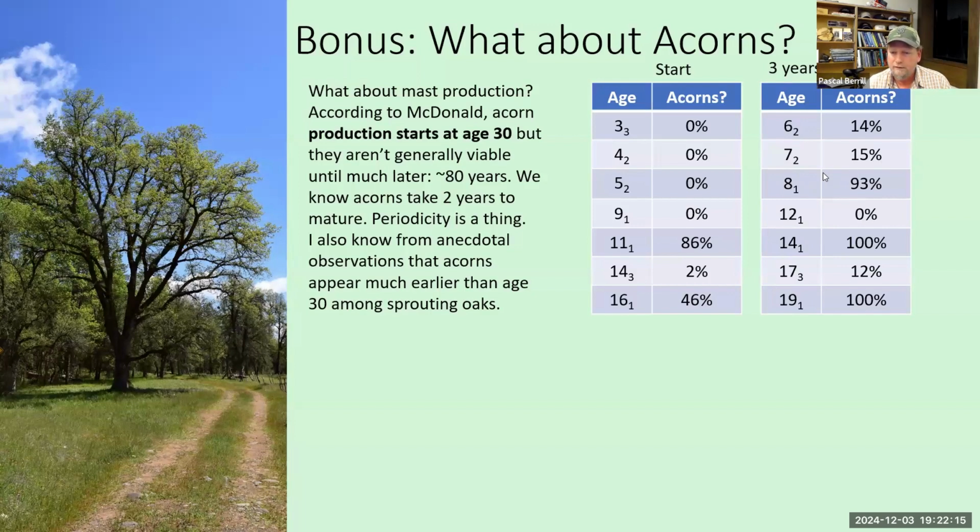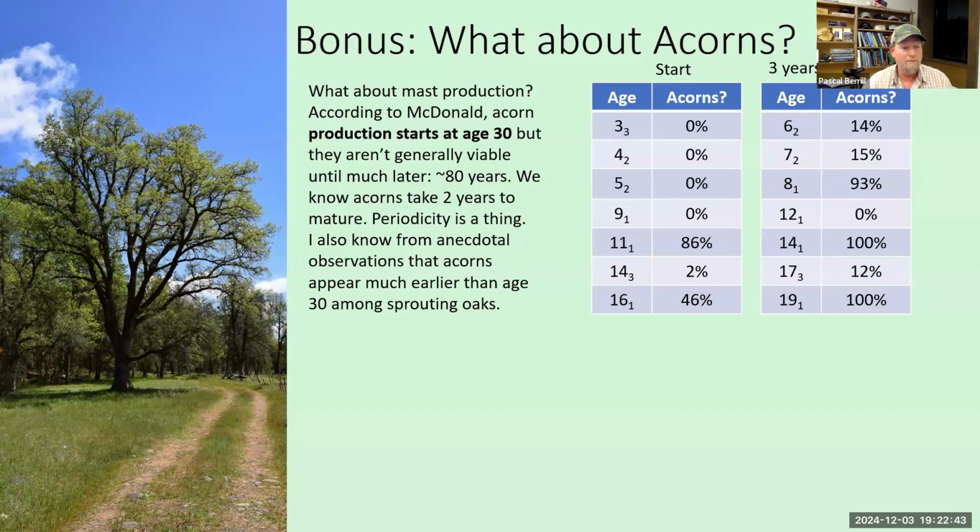This is now 6 years after fire, 3 years after thinning, and we're already seeing acorns on 14% of the clumps. So 3 years after thinning, which was also 7 years after the wildfire, we're starting to see acorns coming in, and we're starting to see a lot of acorns on clumps as young as 8 years old.